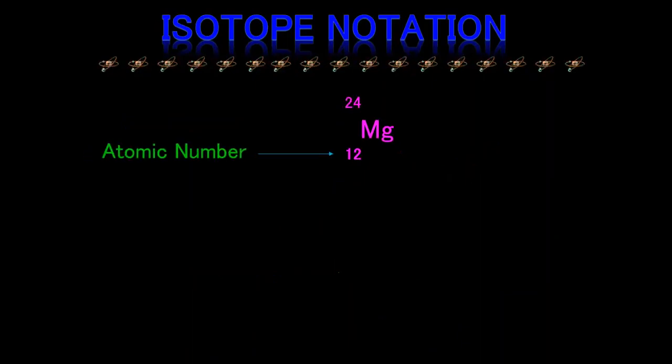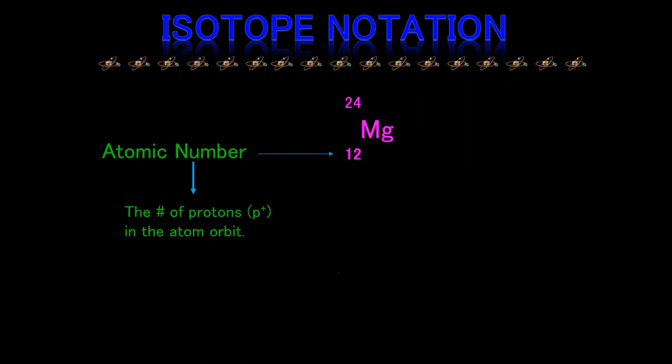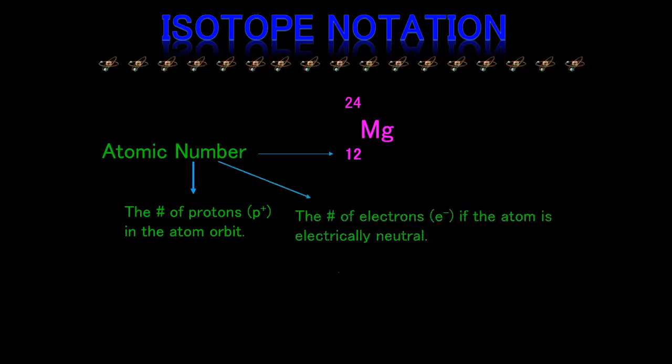So 12 is the atomic number. As we discussed earlier, the atomic number of an element is what distinguishes it from all other elements. An atom's atomic number is the number of protons in the nucleus, which is also equal to the number of electrons. Hydrogen's atomic number is 1.